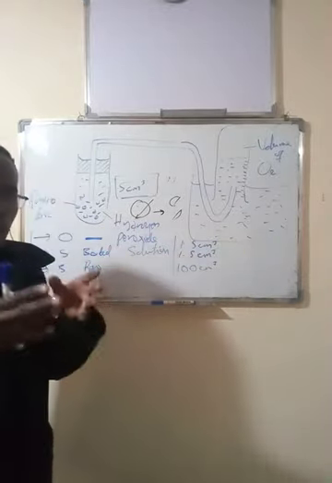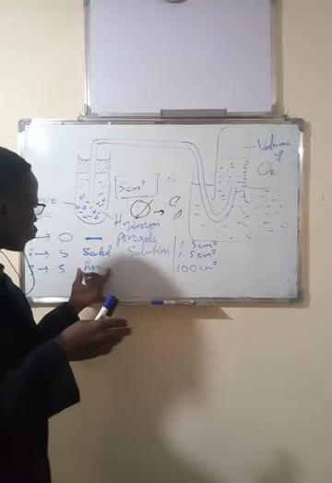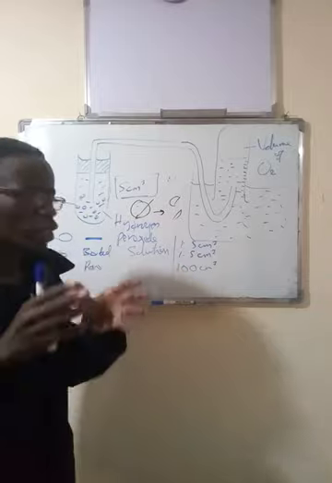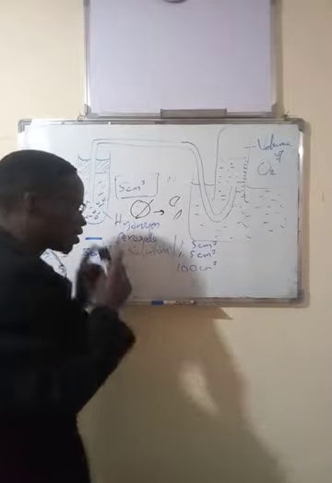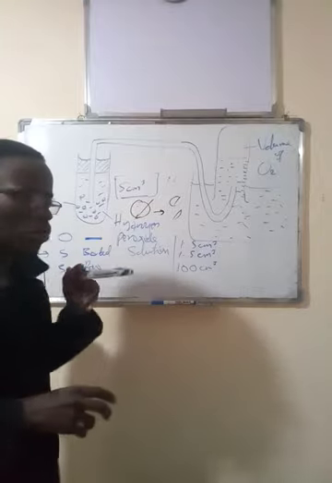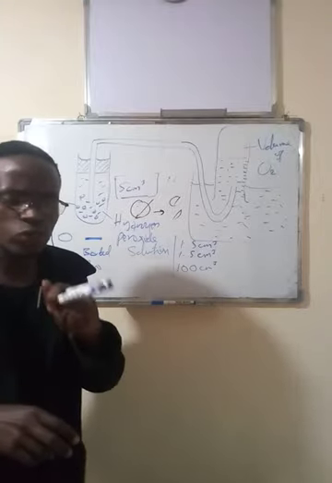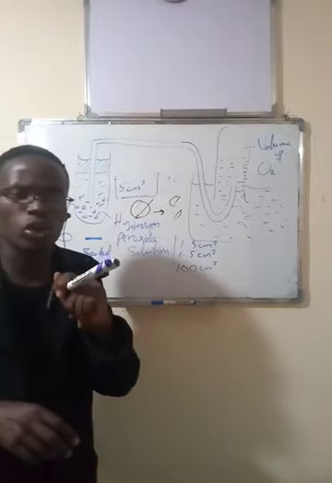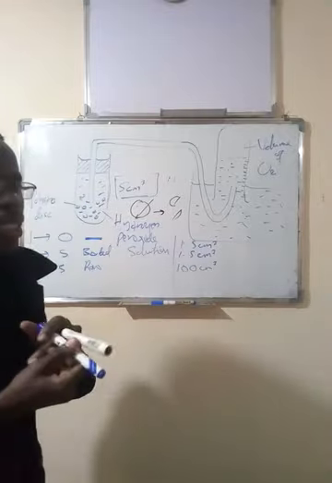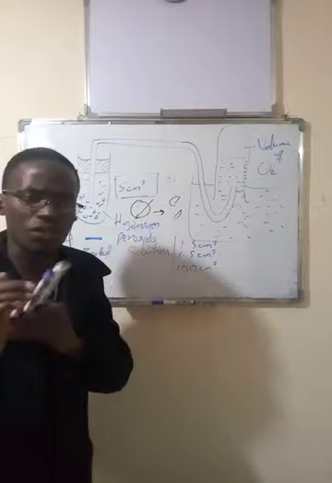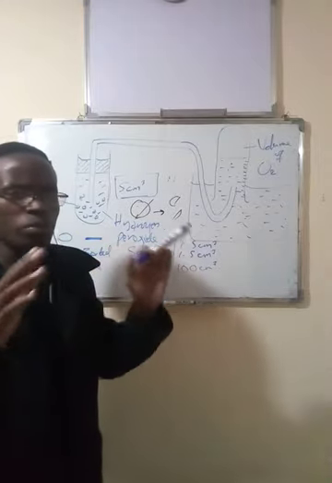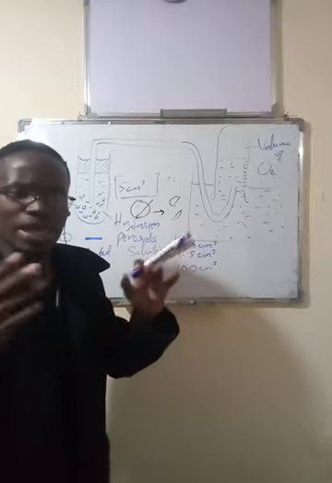So when we apply this temperature, such that we boil the potato discs, what do we expect to happen to these enzymes contained in the potato discs? What we expect to happen is that the enzymes are going to be denatured. Okay. So remember, we say that the higher the temperature, the higher the rate of what? The reaction. But there is what is called the optimum temperature for an enzyme.